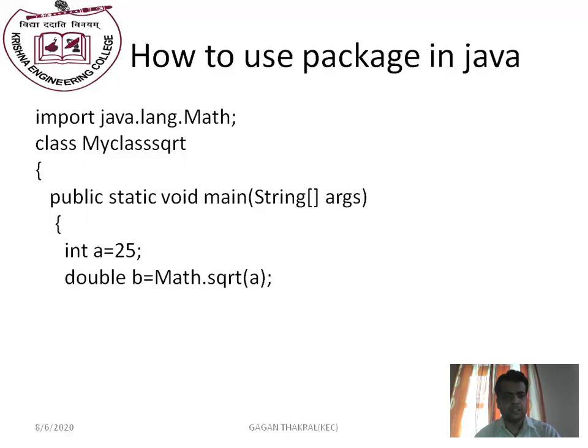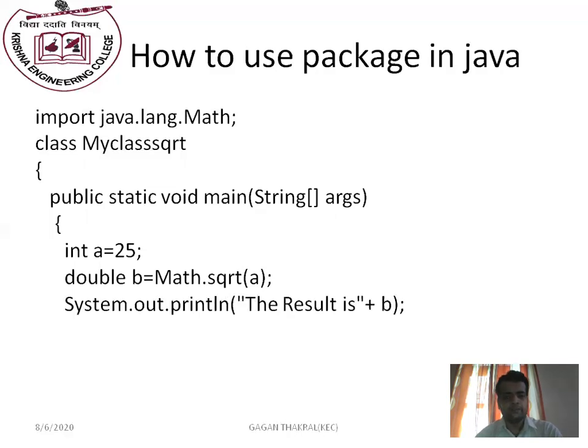Math is a predefined class in the lang package which was imported earlier in our program. The math class contains the predefined method sqrt to calculate the square root of a number, and we pass the variable a as the argument. This will calculate the square root of 25 and store it in the double variable b.